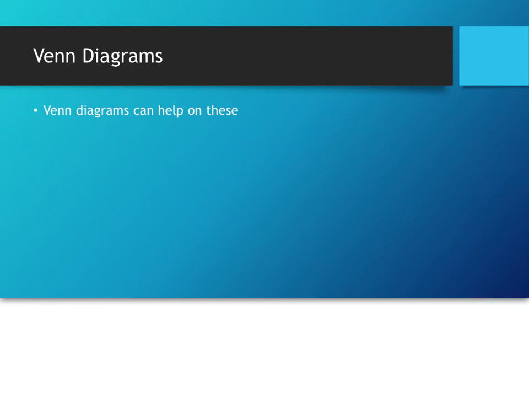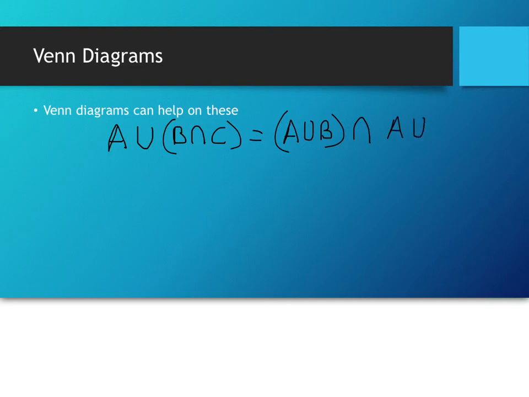We just saw the fact that A union B intersect C is the same thing in general as A union B intersect A union C. By the way, this is kind of like a distributive property where the union distributes.